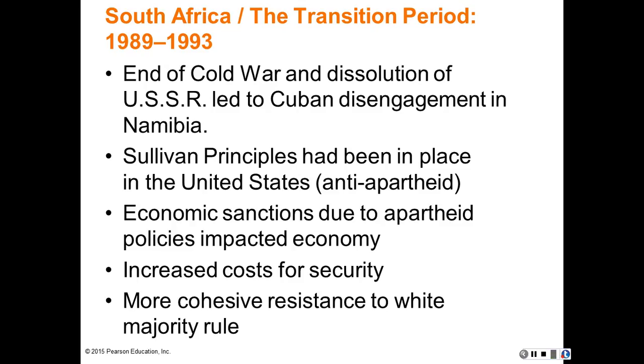And these sanctions severely impacted the South African economy. Meanwhile, unrest within the country increased costs for security as a more cohesive resistance to the white majority rule began to expand.